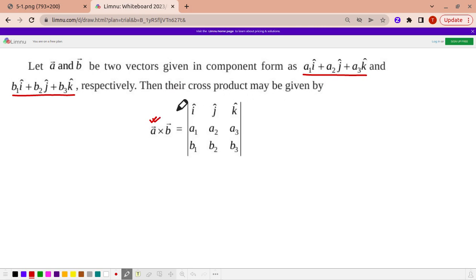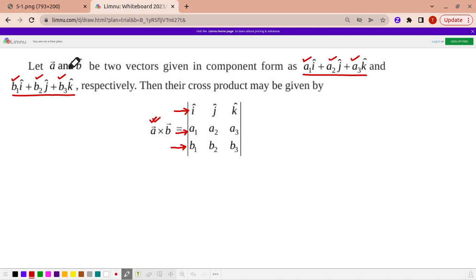The first row is i cap, j cap, k cap. The second row has the three coefficients of i cap, j cap, k cap of the vector A, that means A1, A2, A3, and the third row is the coefficients of i cap, j cap and k cap of the vector B, that is B1, B2, B3, as simple as that.